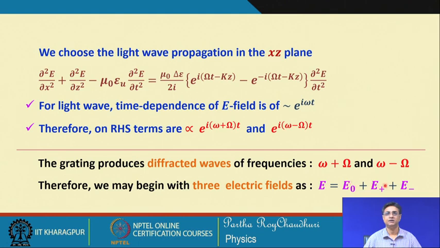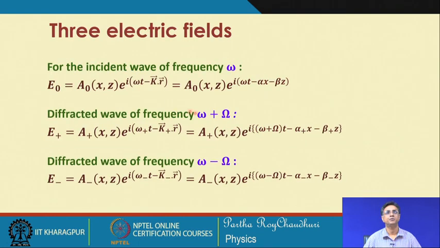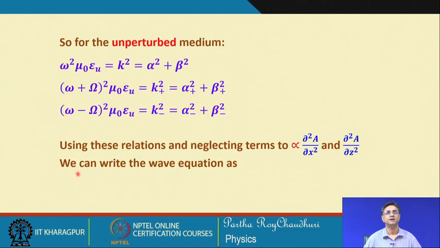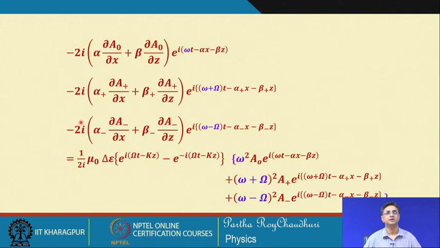So, all these three terms are appearing here. If we substitute E 0 equal to this, E plus equal to this, E minus equal to this in the wave equation, and of course neglect the second order variation of the x and z components of the amplitude of the electric fields, then we can write this equation in this form, which is very straightforward.